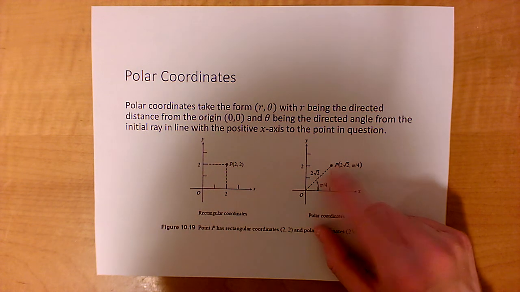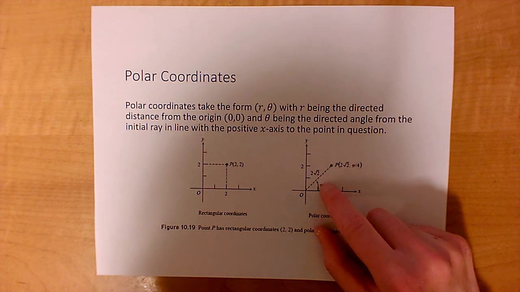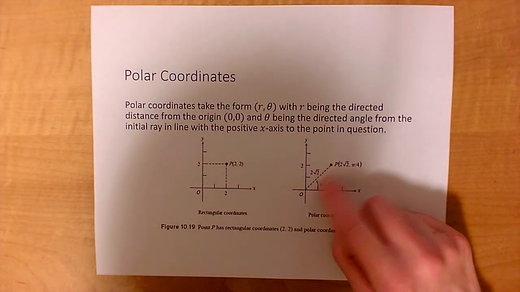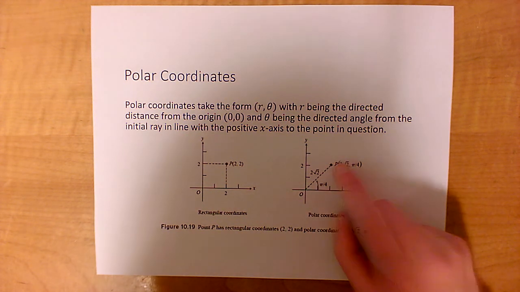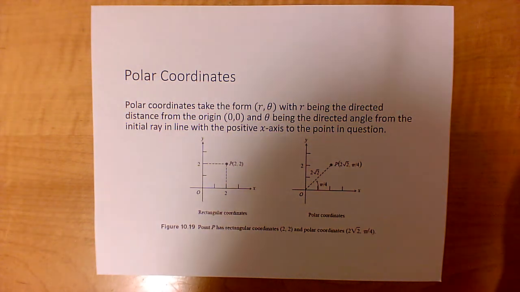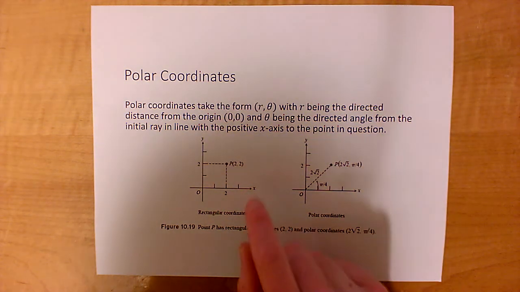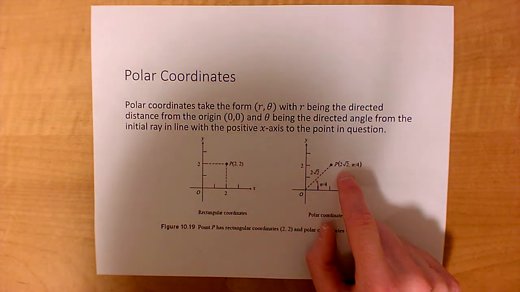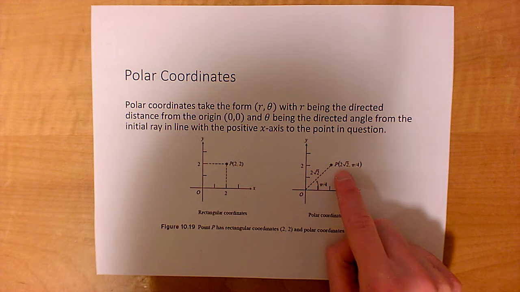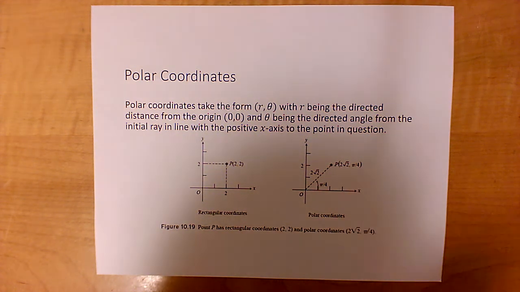And if we were to draw a line out to it, that angle that we would form would be 45 degrees, or pi over 4, and the distance of the diagonal of this square is 2 root 2, right? And you can also use the Pythagorean theorem to figure that out. So the polar coordinates of this point 2, 2, are 2 root 2 and pi over 4.